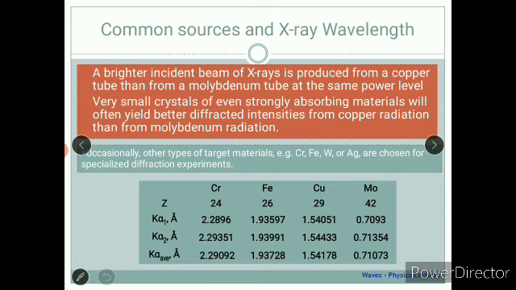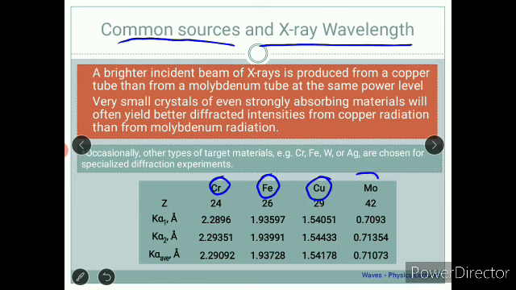Before we proceed further, we need to know the common sources and the X-ray wavelengths that we are talking about. What are the factors on which the X-ray wavelength depends? One of the major ones is what kind of element you are using to generate the X-rays. In general, you can use a chromium source, an iron source, a copper source, or a molybdenum source, of which the most important is copper.